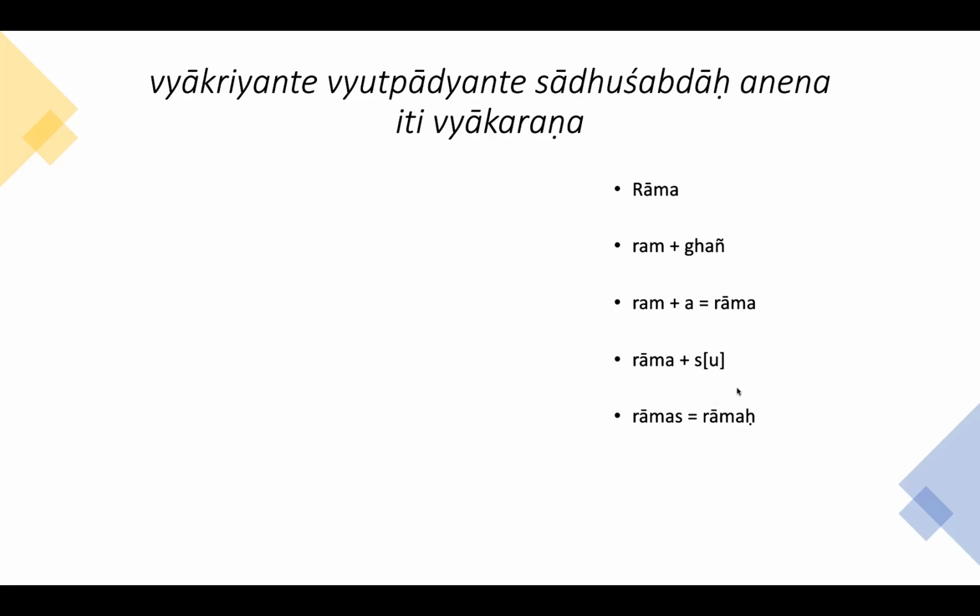It will go away. We'll learn that later. I'm just giving an example. Then the Sa becomes Ta, and it becomes Ramaha. So to derive the word Ramaha, we go through this process. If somebody asks how the word Ramaha comes, we can explain this derivation. And this derivation is taught by Vyakarana.